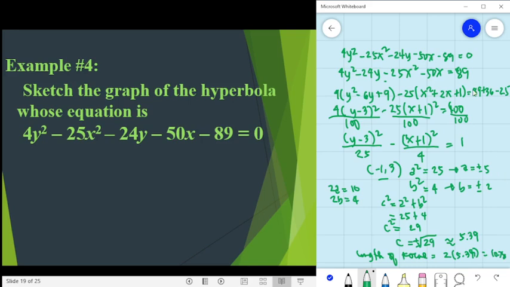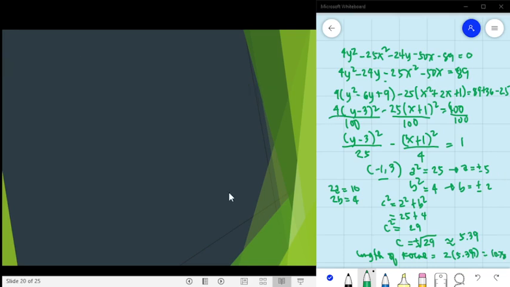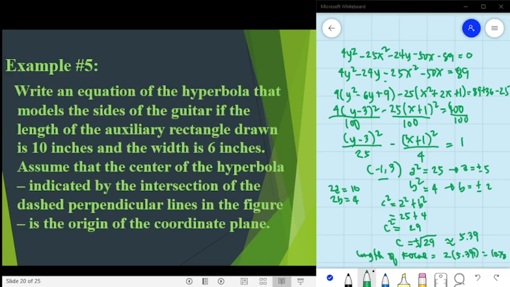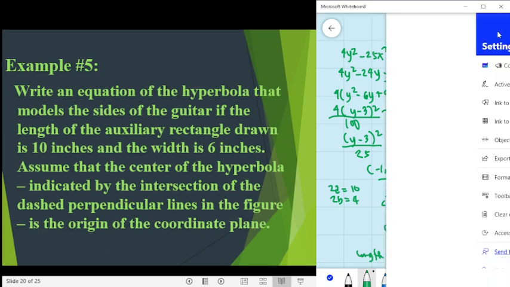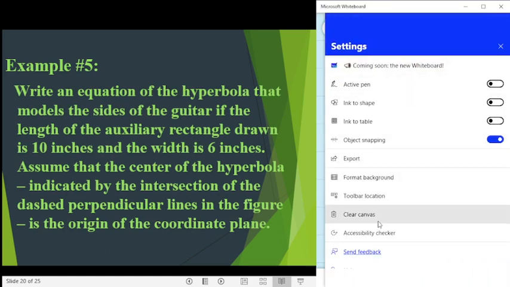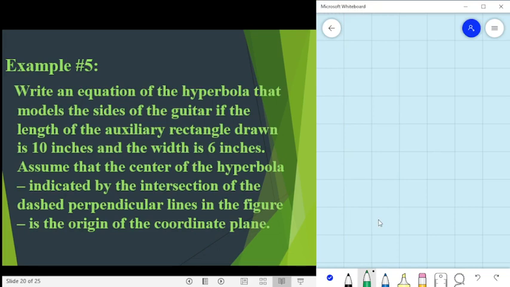Okay? So let's proceed now to the last example we have, which is an application of the topic to real life problems. What we are going to do is write an equation of the hyperbola that models the size of the guitar.